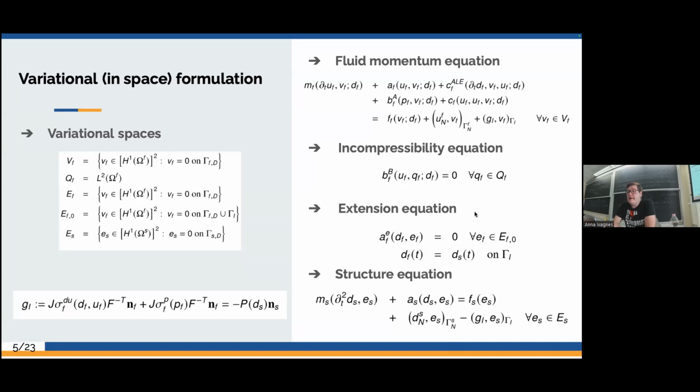And then all of them are coupled through the extension equation, where we have that which depends on the structure equation itself here on the interface, and it enters into the definition of the fluid equation, which is now defined on the reference configuration.